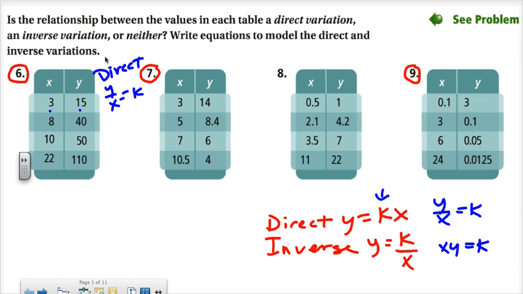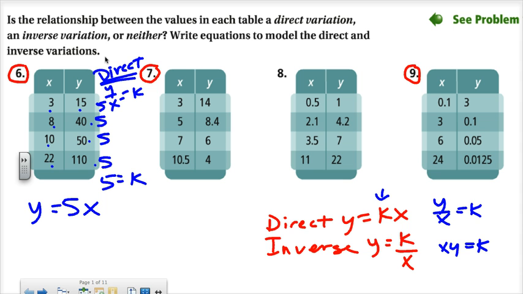Well, 15 divided by 3 is 5. 40 divided by 8 is 5. 50 divided by 10 is 5. 110 divided by 22 is 5. So in fact, this is direct, because every time I take the y and divide it by the x, I'm getting 5. And 5 is my constant of variation. So this will be y equals 5x, because I want it to look like a direct model when I get done.